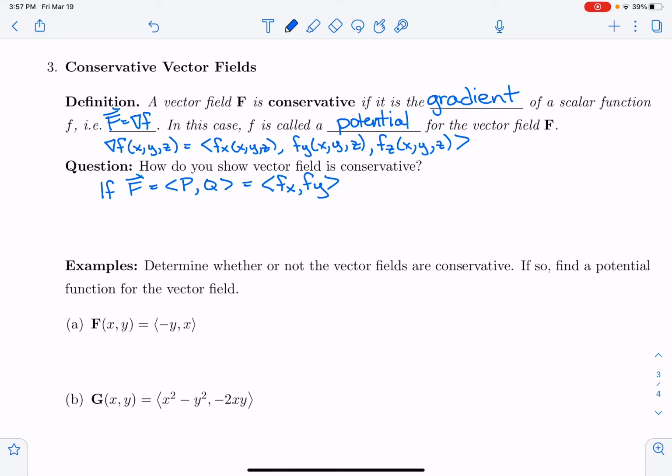But in that case, I should be able to take the partial derivative of f with respect to x and then y, and then I should know that that's going to equal the partial derivative with respect to y and then x.